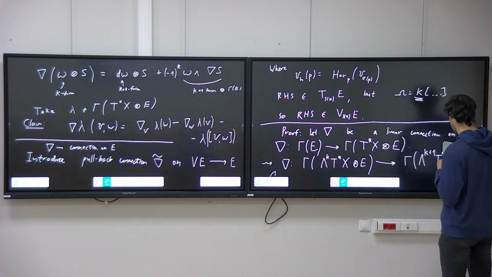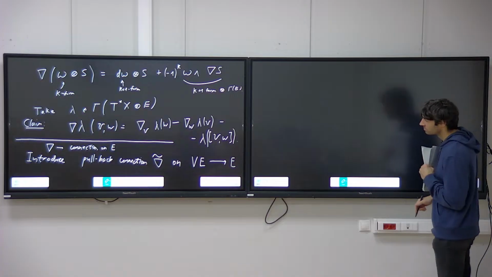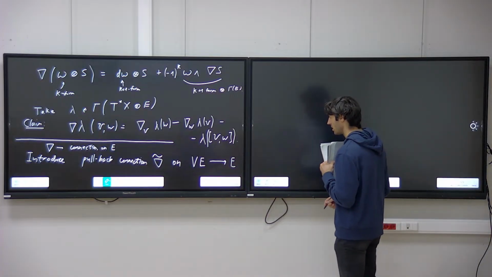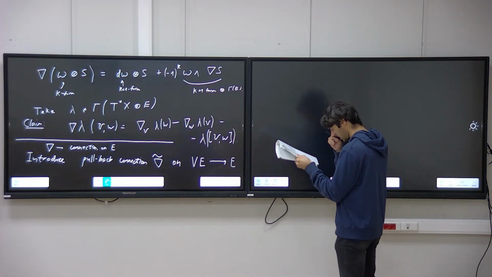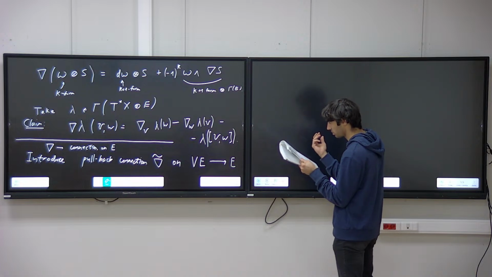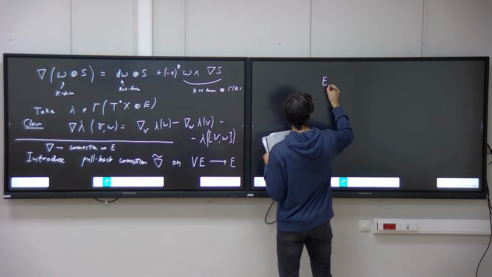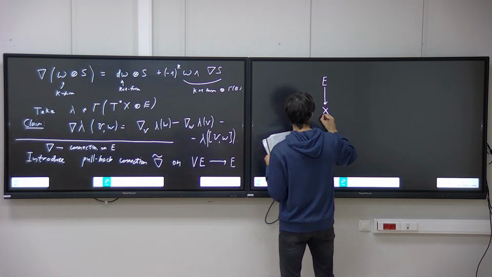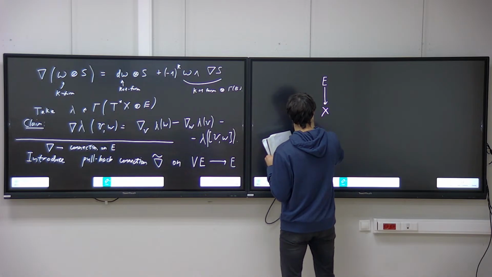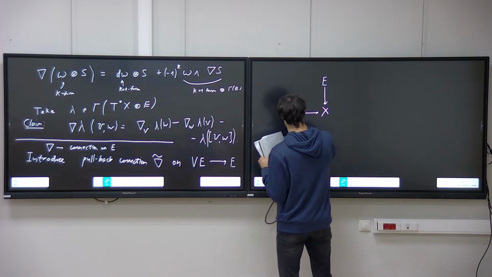Okay, so how do we define it? That's the pullback with respect to what? With respect to pi. So we actually have this picture, E is a vector bundle over X, and then pi is this map.